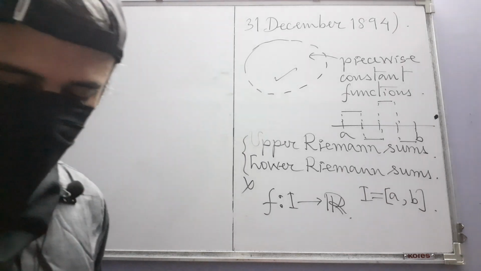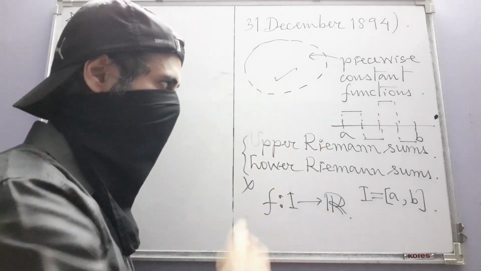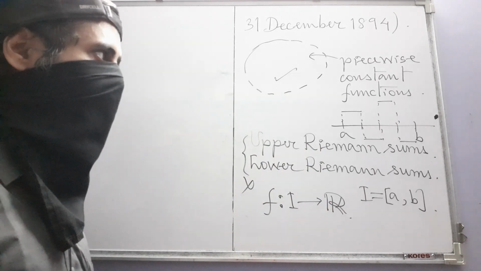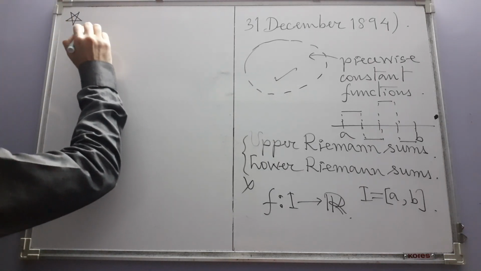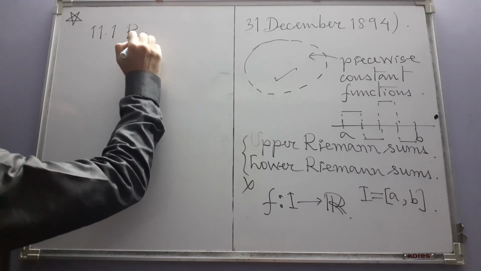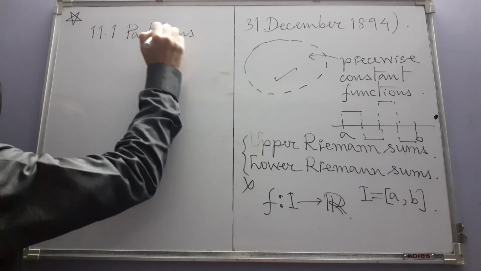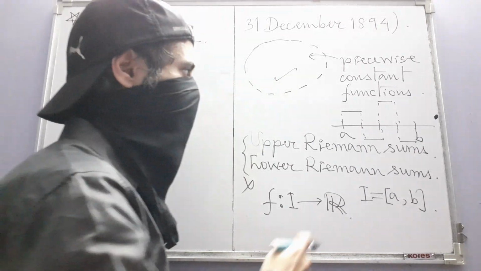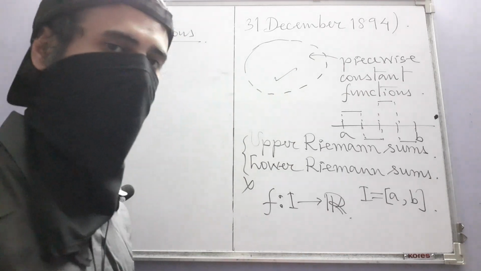Now, before we can consider piecewise constant functions and the definition of their Riemann integral, we need to know about partitions. How we can subdivide a given interval into smaller subintervals.